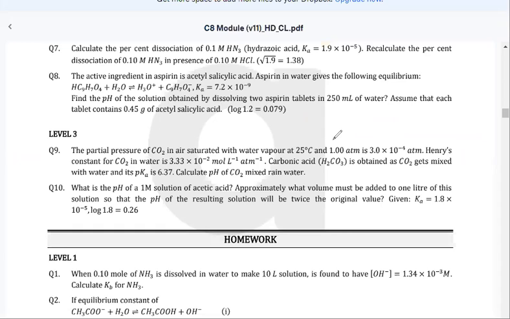So solubility is equal to Kh into P. Yes or no? Okay. So solubility we will get here. S is equal to Kh into P. So from this Henry's law, I'll get solubility.